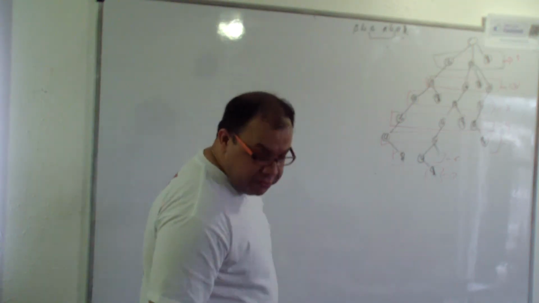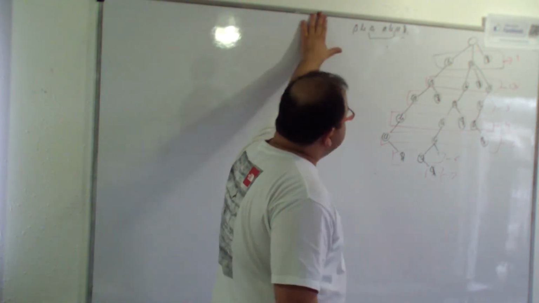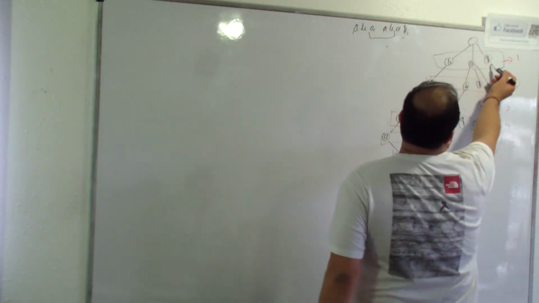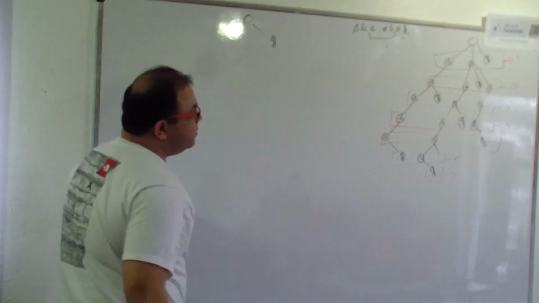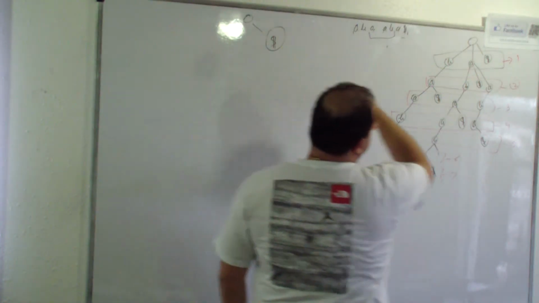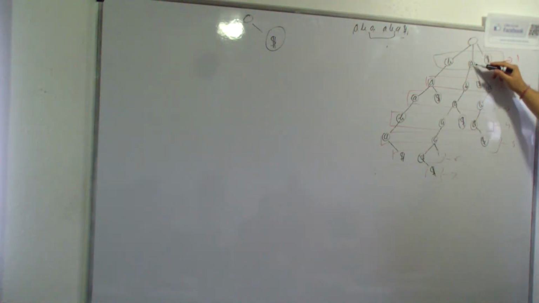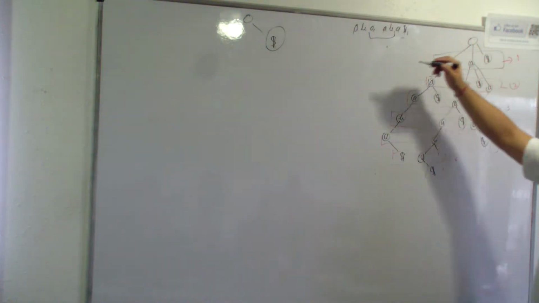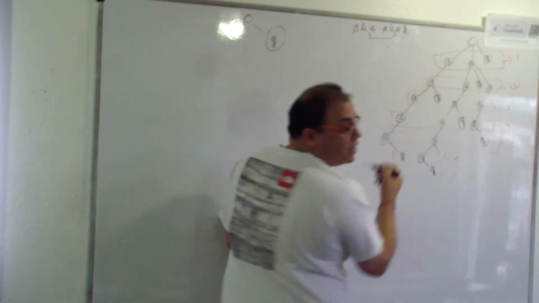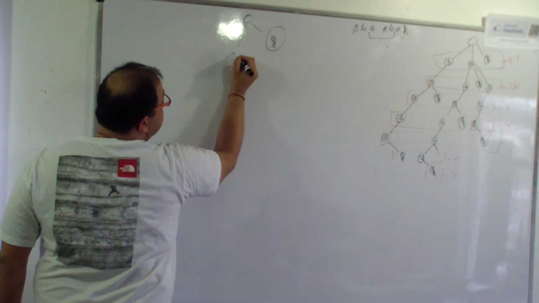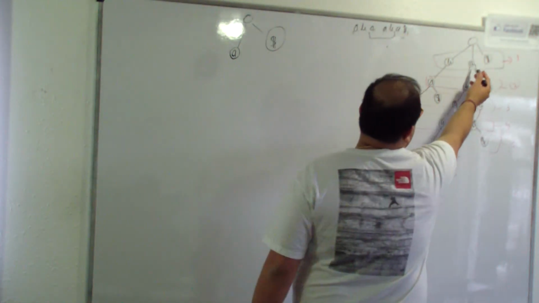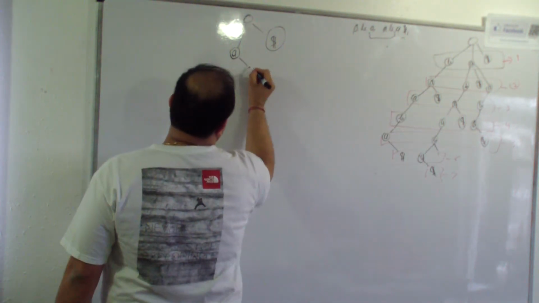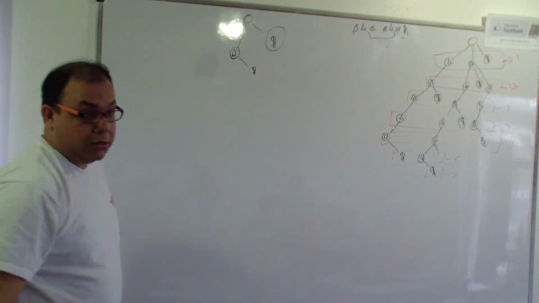Okay, so what did we decide? First thing is if dollar comes, we'll just make a dollar. Next, we have a, but we are branching at a, so we'll make a as a separate node. And then after that, a dollar comes on a, so we'll put a dollar over there.